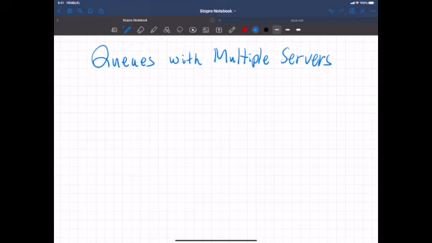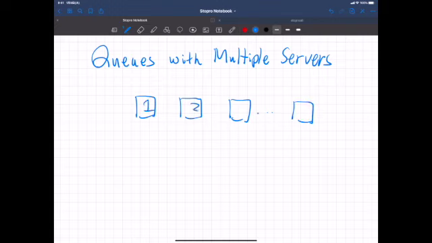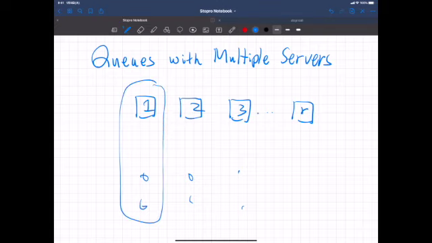Now we consider the case where there are multiple servers. In the case of an ATM, there are multiple servers: server 1, 2, 3, up to R servers. So there are R servers. And if there are multiple queues, one in front of each server, then it is the same problem as the single server, just multiplied by R. So it's not so interesting.